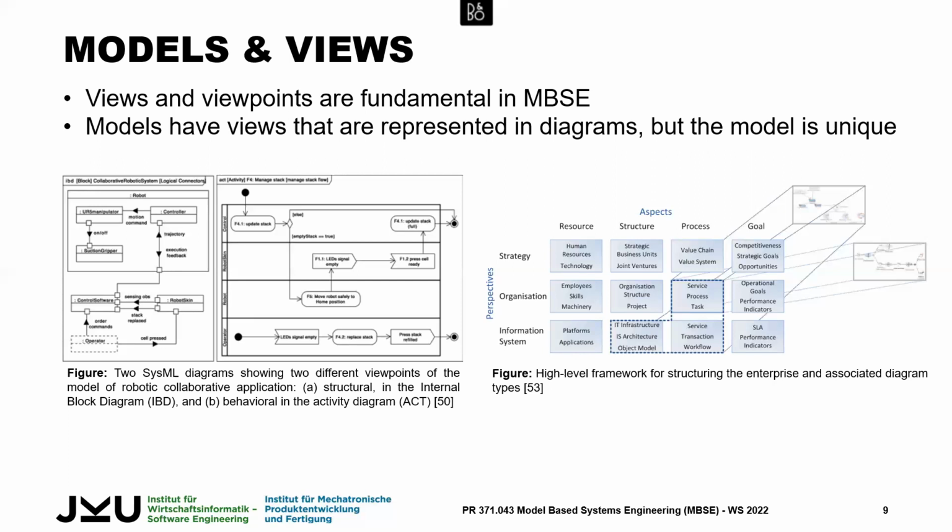And therefore, the concepts are not really familiar to the systems engineer because, for example, in programming languages we always talk about classes and everybody knows what that means. But in systems engineering, we talk more about components, blocks, and things like this.